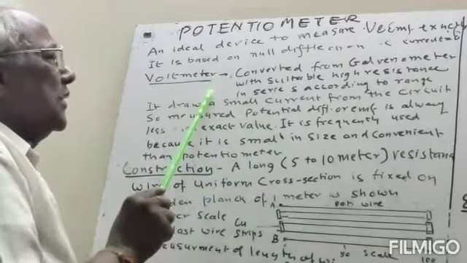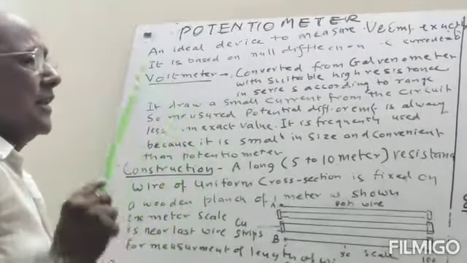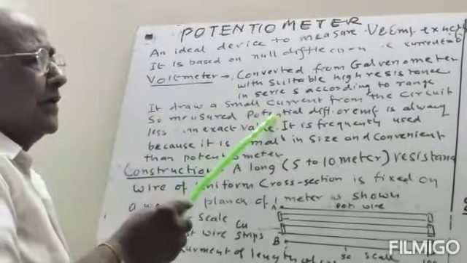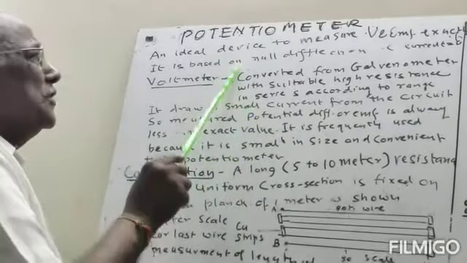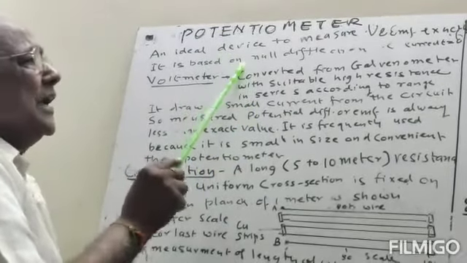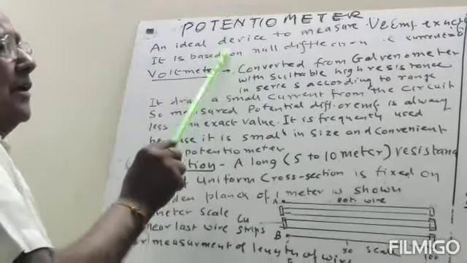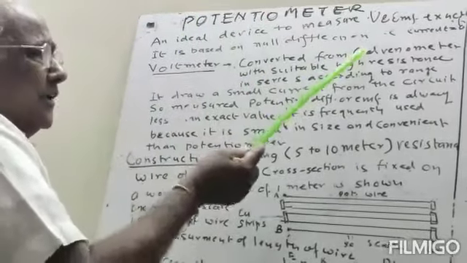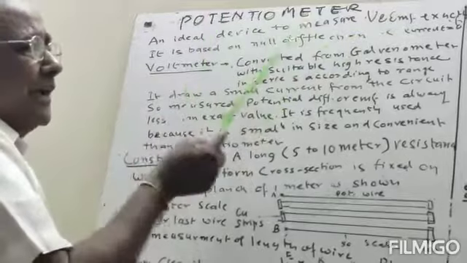We use the voltmeter frequently. Why? Because number one, the size of the voltmeter is very small. You can have it in your pocket and it is very convenient to use. Whereas the size of the potentiometer is nearly 1 meter, and you have to have a battery, then a rheostat and all that, and you have to do the calculation.